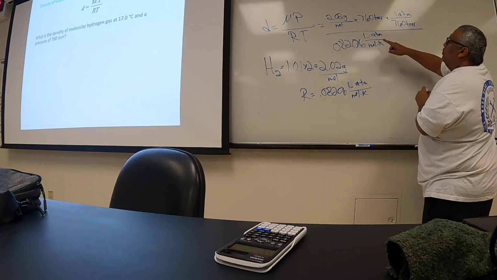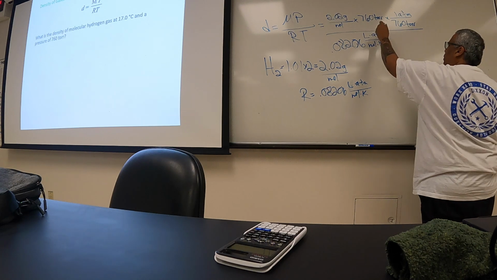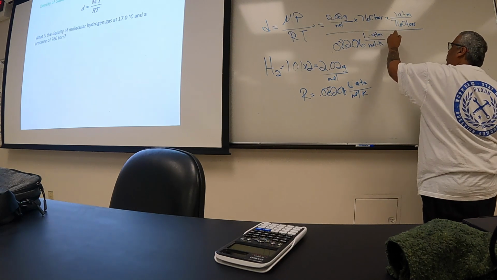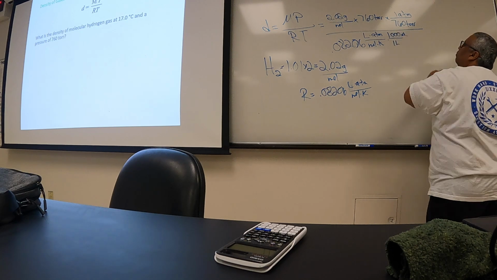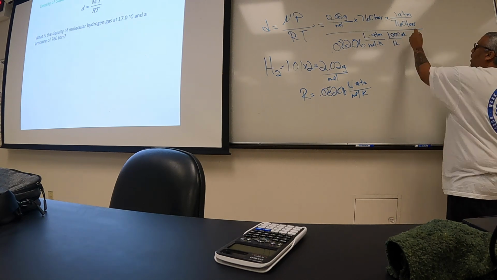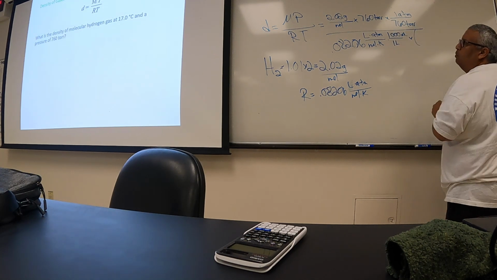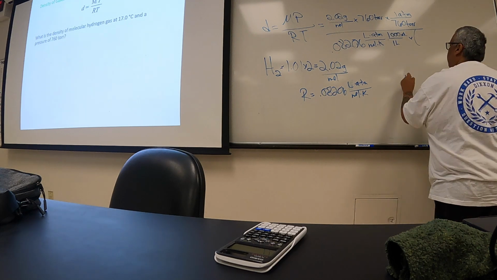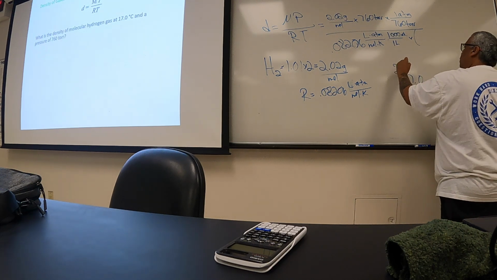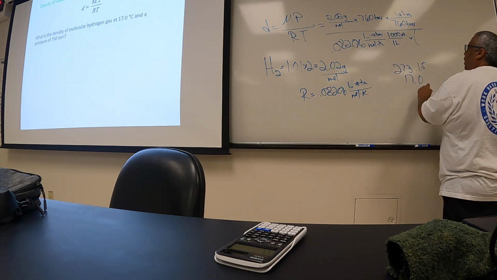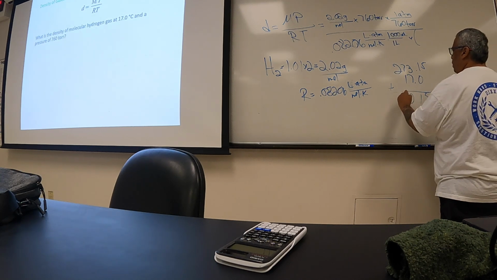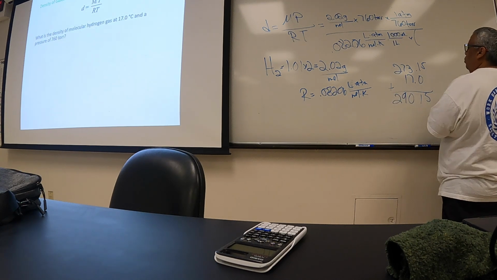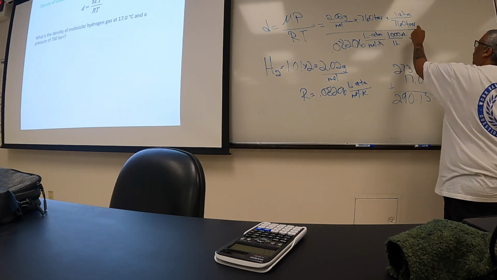I'm going to do a conversion from liters to milliliters here. So we're going to say for every 1 liter, there is 1,000 milliliters. And then finally our temperature, which does have to be adjusted. We have 17.0 plus 273.15, so 290.15.